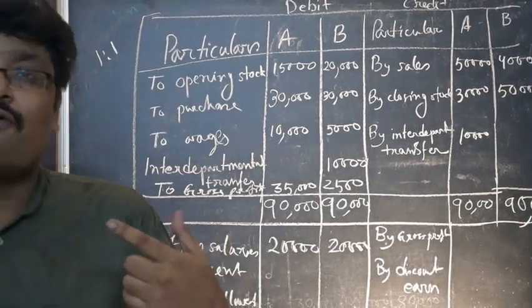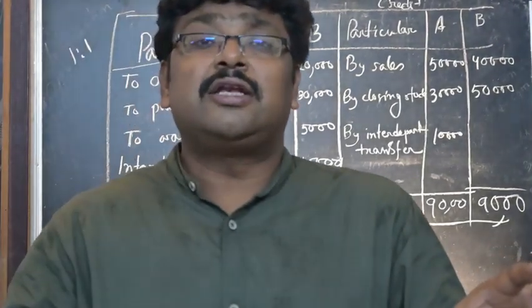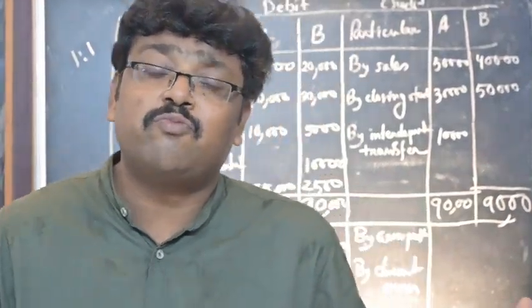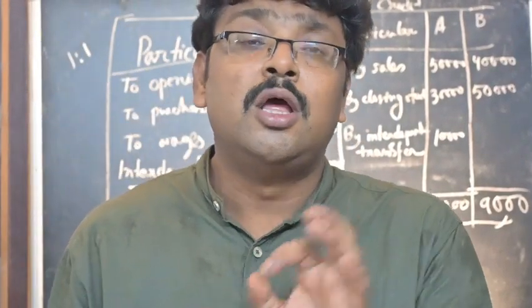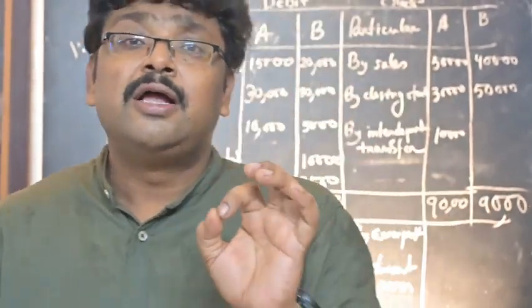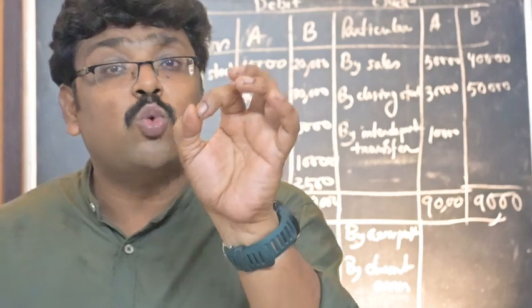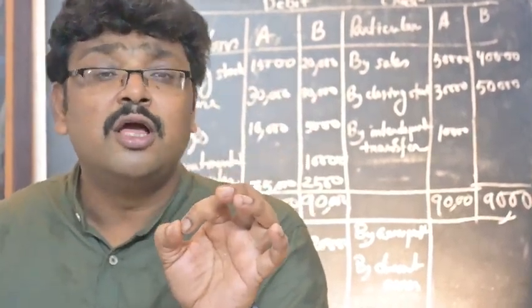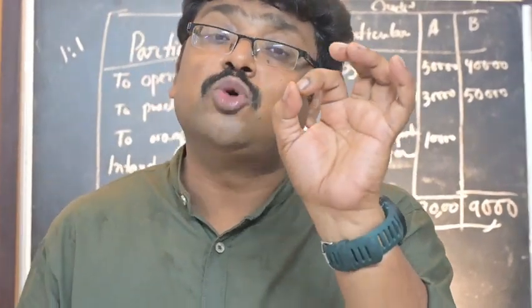Now there is office rent. Office rent is related to the area of the office, and this information is also given in our problem: the area ratio is 1:1. So the same procedure applies, and 30,000 is given as the total. For department A it is 15,000, because 30,000 multiplied by 1/2 is 15,000, and for department B it is also 15,000.